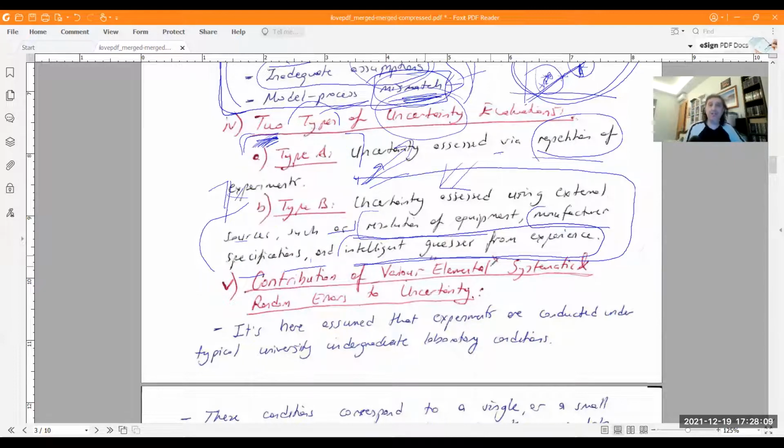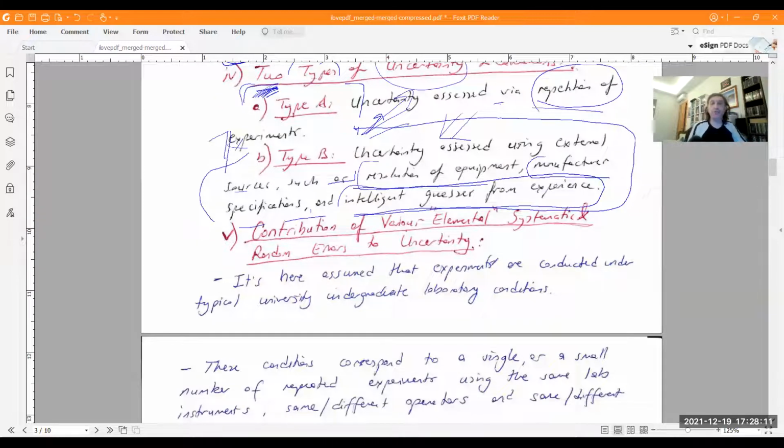So what I'm doing right now is trying to dissect, in a way, or explain the contribution of various elemental, systematic and random errors to uncertainty. So it's not going to be a complete treatment. The complete treatment is actually impossible due to the limited time and also the content of the course.